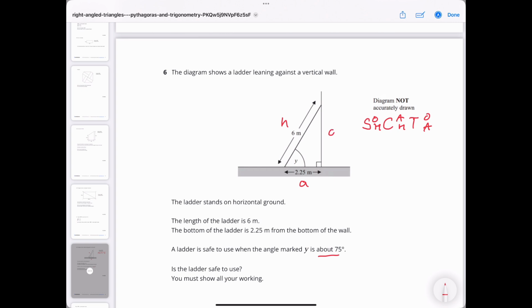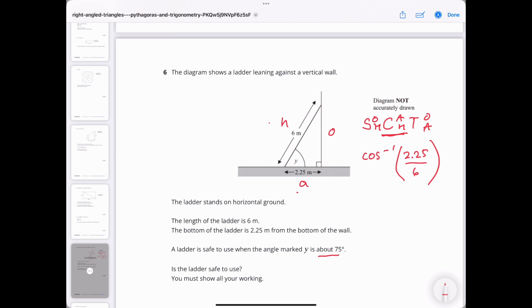So we filled in this, and now we've got to use backwards of them. So we've got the H and the A, so we've got cos. So if we say cos⁻¹, and then we put in, this is what we're going to put into our calculator, A, which is 2.25, over 6, then this will tell us if it's about 75.